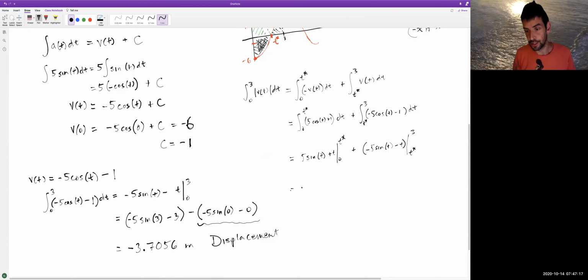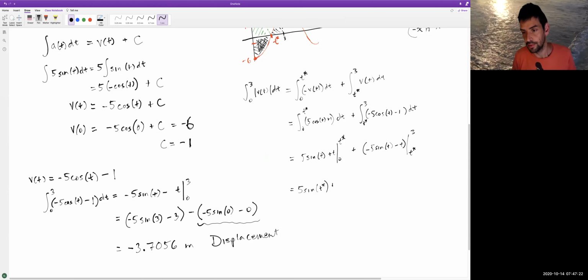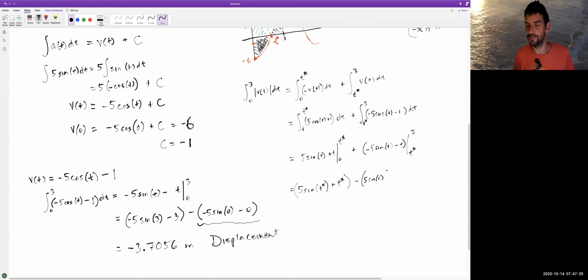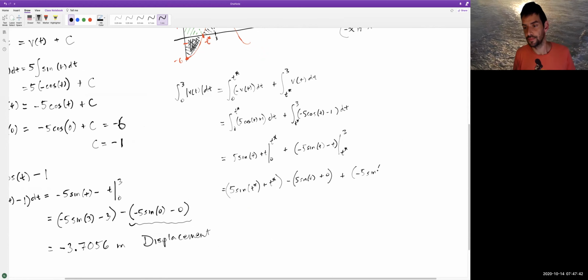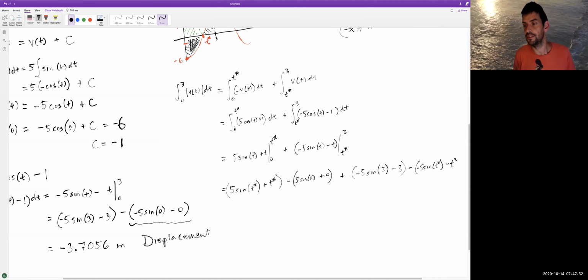So now we simply plug and play. 5 sine of t star plus t star minus 5 sine of 0 plus 0. That's my first integral. The second one will look like plus negative 5 sine of 3 minus 3 minus negative 5 sine of t star minus t star.